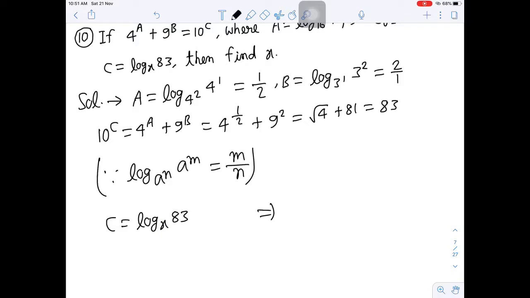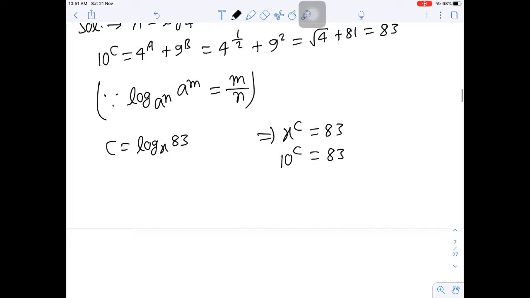So we get x to power c equal to 83, and you also have 10 to power c equal to 83. When you compare, the right hand side is equal, so the left hand side will be equal. So x to power c will be equal to 10 to power c. If you cancel the power, because the power is equal, then base x will be equal to 10. So this is the answer.